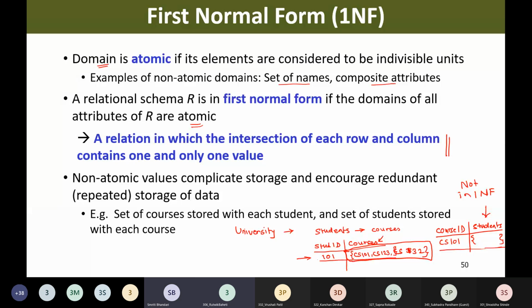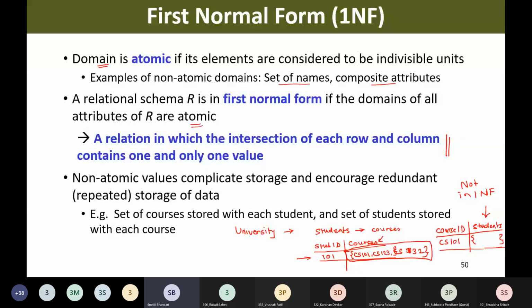If elements are considered to be individual units, then the domain is atomic. So in other words, if we want to define 1NF, we have to consider each element to be an individual unit.